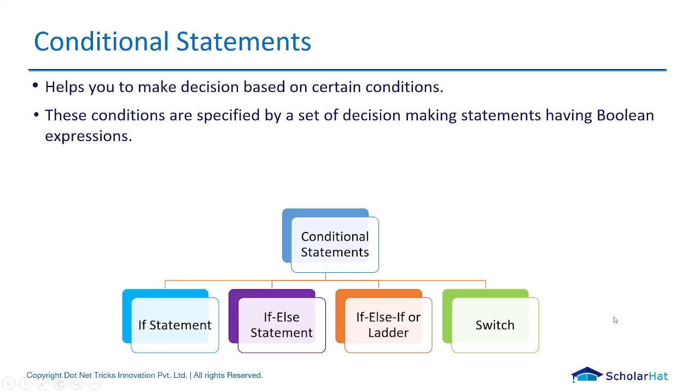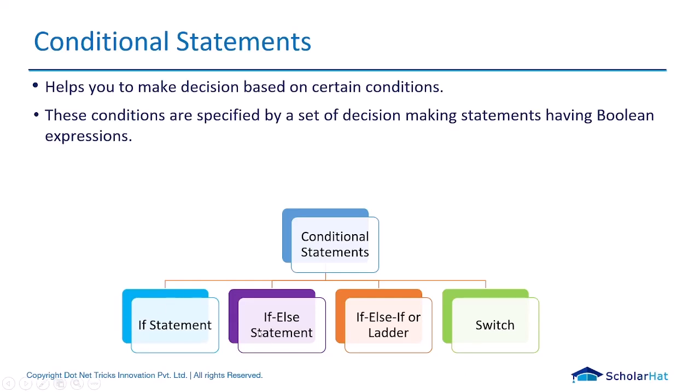For conditional statements, we can see if statement, if else statement, and if else ladder, or switch statements are used. These control statements are basically divided in three parts: selection statements, iterative statements, and jumping statements. The if else statement and switch come under the selection statements.